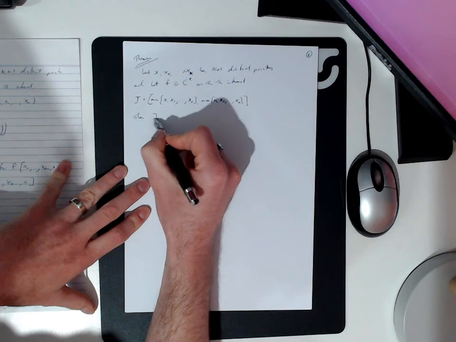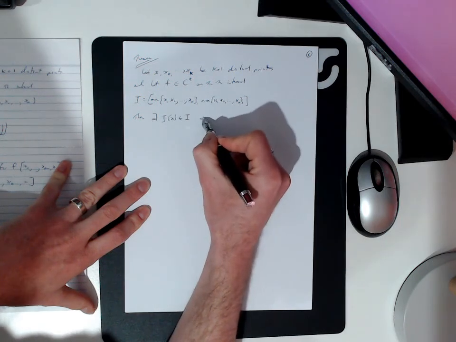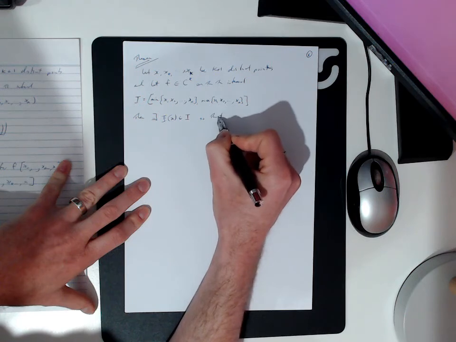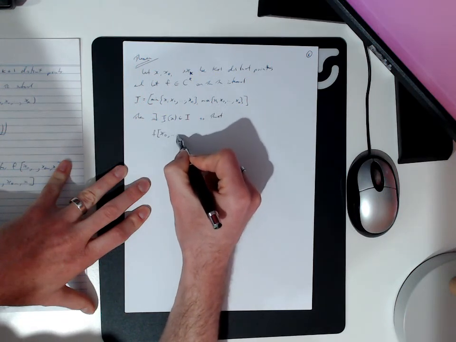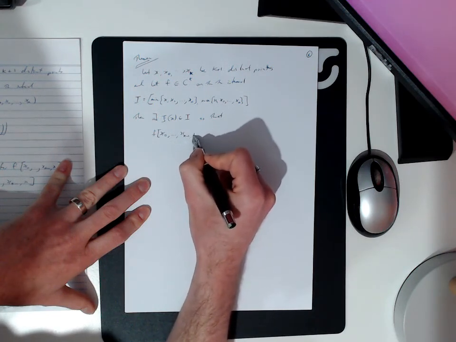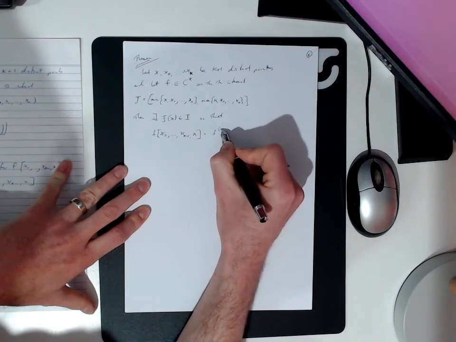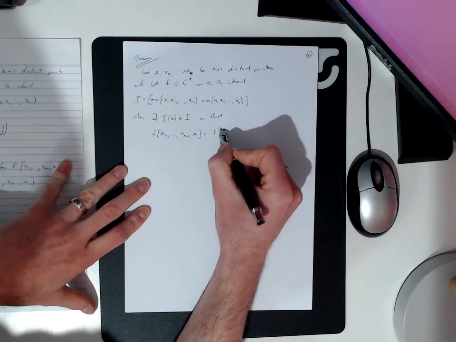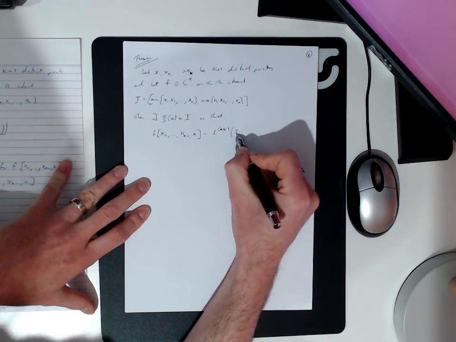Then there exists psi(x) inside the interval so that the kth finite difference of f at x_0 up to x_k equals the kth derivative over k factorial.